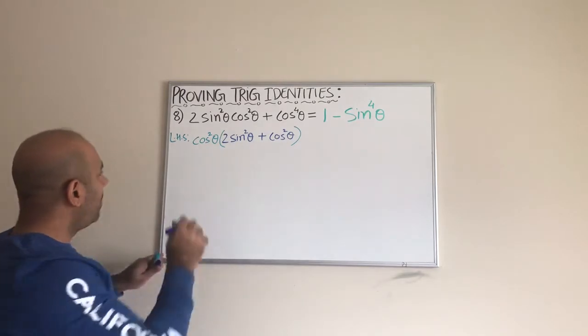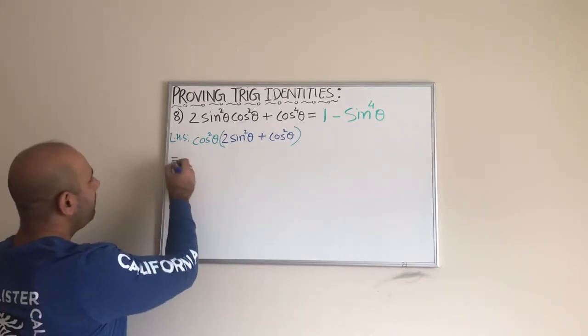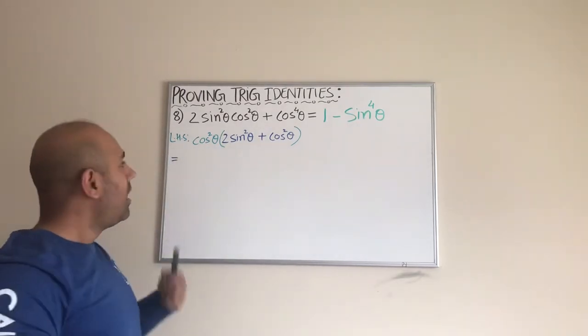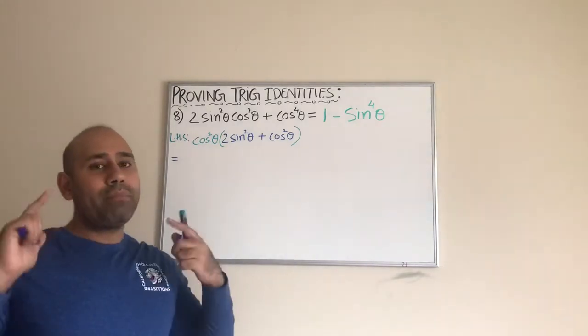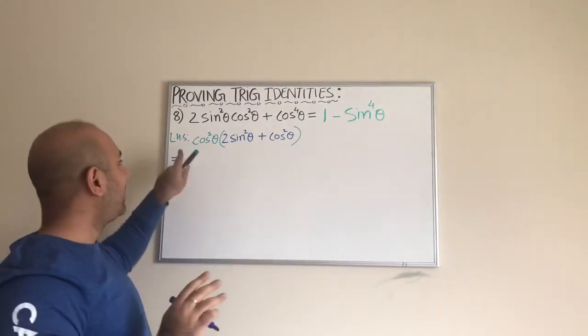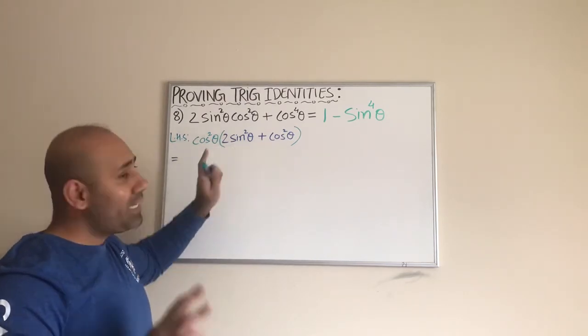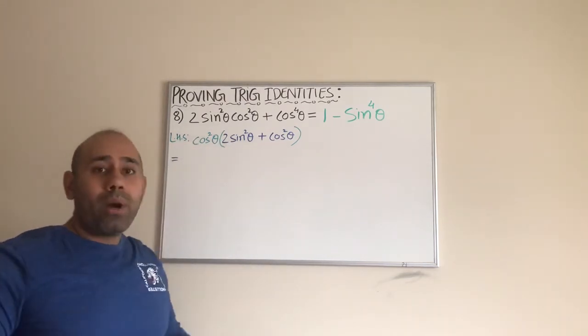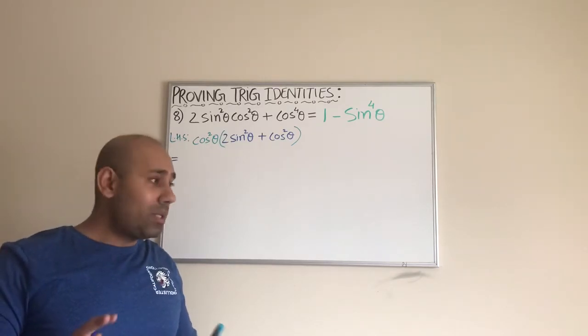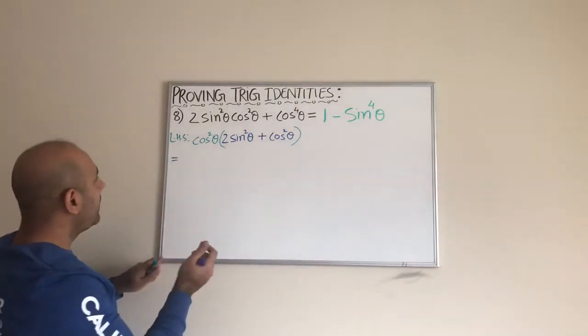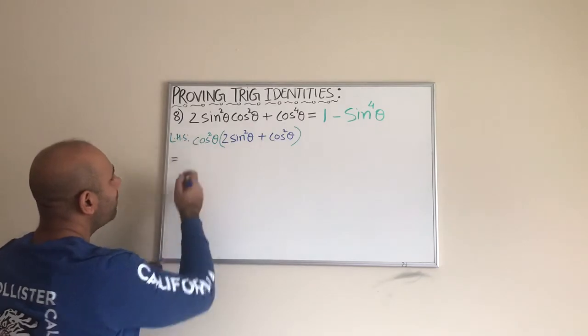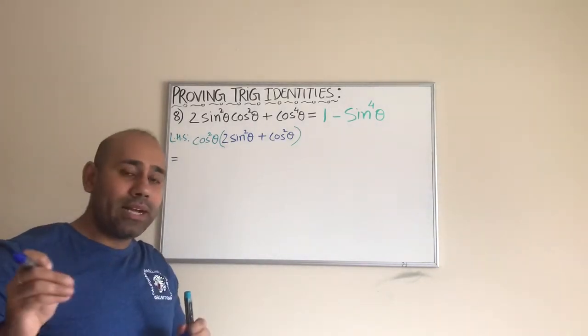Now from here, again, there might be a few different ways to go. What I would like to do is, guys, in the back of my mind, I already know that I want to convert everything in terms of sine. So I already have one sine, that is good. The other 2 cosines, somehow I have to convert them into sine. So what I can do here is, cosine square theta, we already know the basic Pythagorean identity.